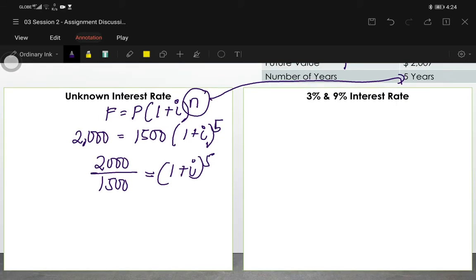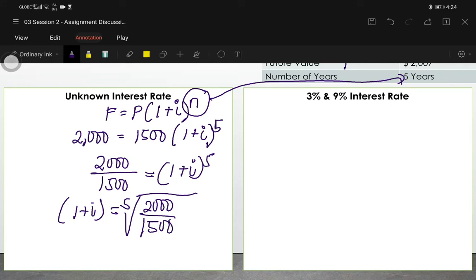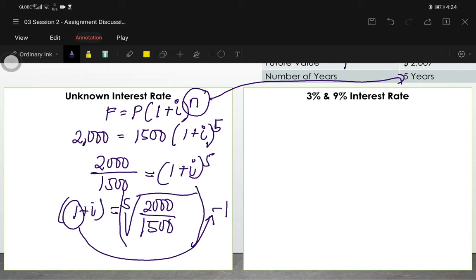And then, in order to get the interest rate, I'll transpose everything. So 1 plus I equals the fifth root of 2,007 over 1,500. I'll transpose the 1 over here, minus 1. So your I is equal to the fifth root of 2,007 divided by 1,500, minus 1.